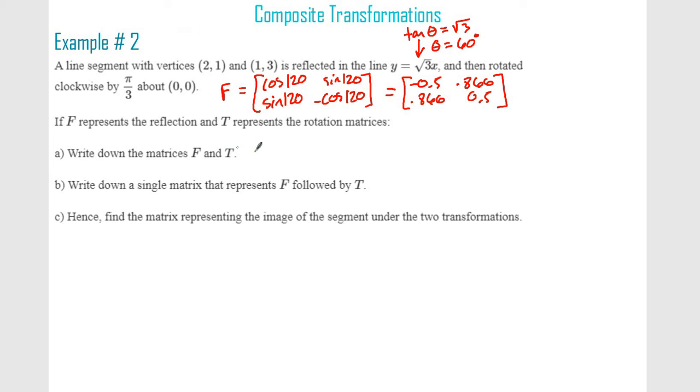Then your T, your rotation matrix. Okay, this one is cosine pi over 3, then we have sine pi over 3.